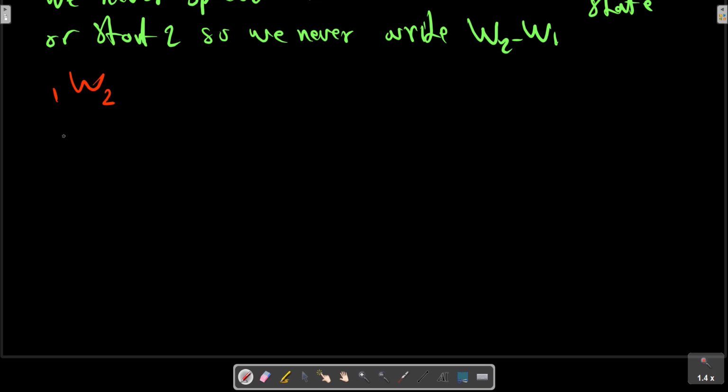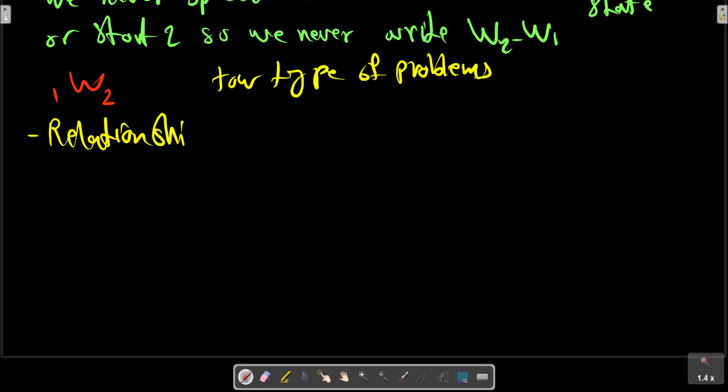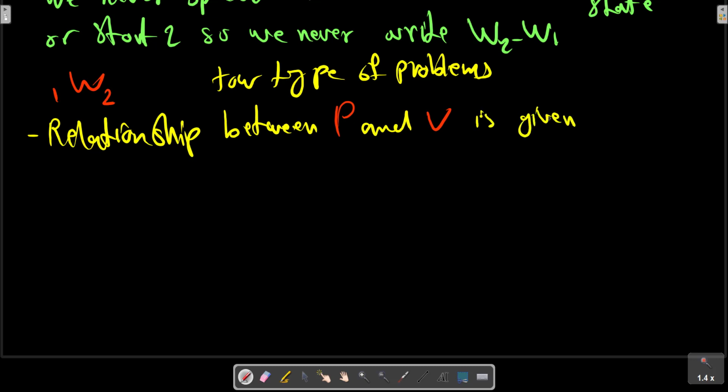In the first type, the relationship between P and V is given in terms of experimental data or in graphical form.